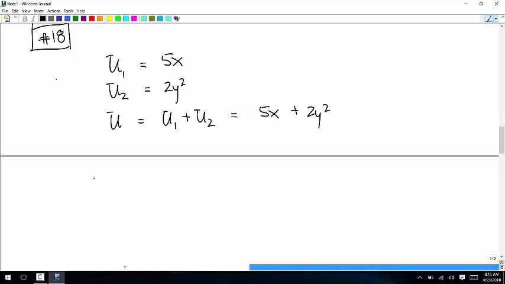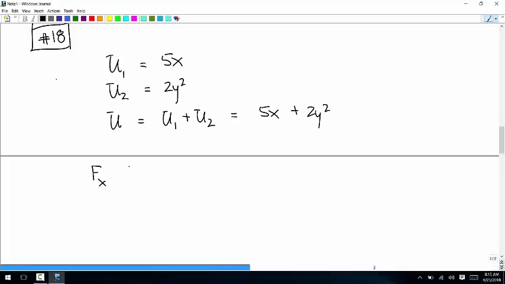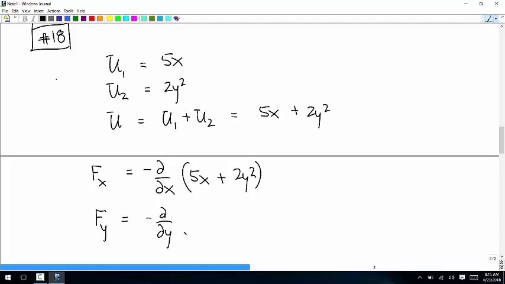And so the x component of the total force is negative partial with respect to x of the quantity 5x plus 2y squared. And the y component is negative partial with respect to y of 5x plus 2y squared. So just take a second and do that calculation, all right?